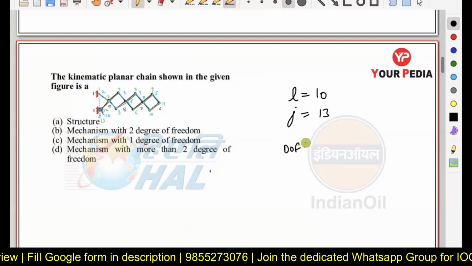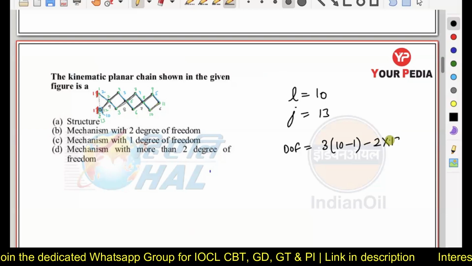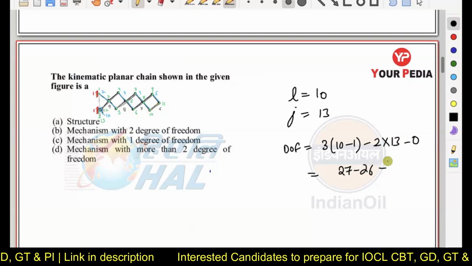If I calculate the degree of freedom, 3(L minus 1) minus 2J minus H, the answer comes out to be 1.